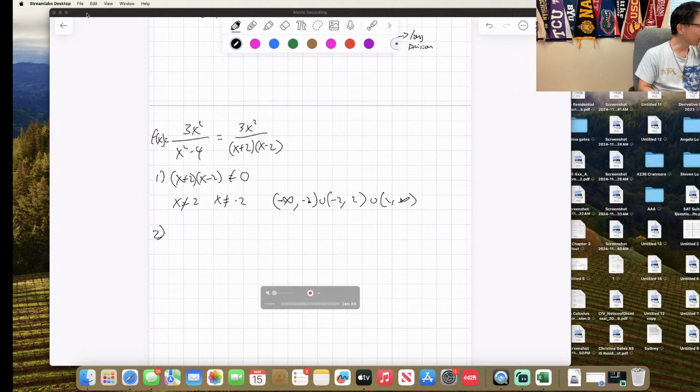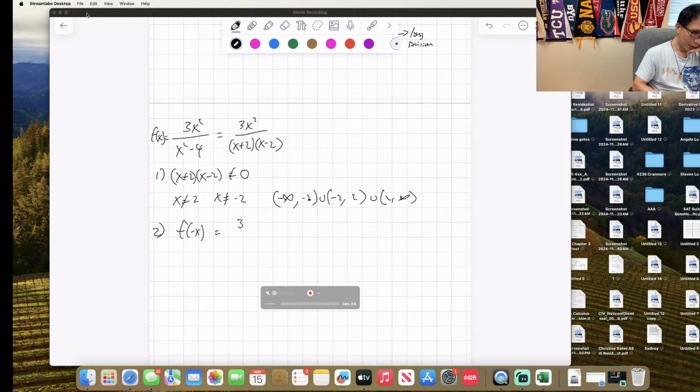The second one is to determine symmetry, right? We'll plug in -x where it has x. So that's going to be 3 times -x squared over (-x) squared minus 4.